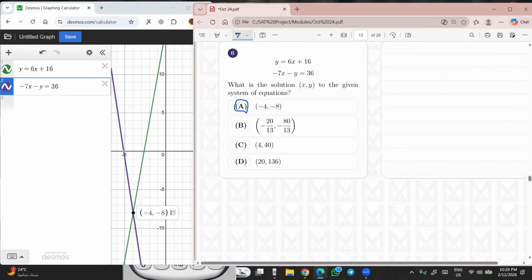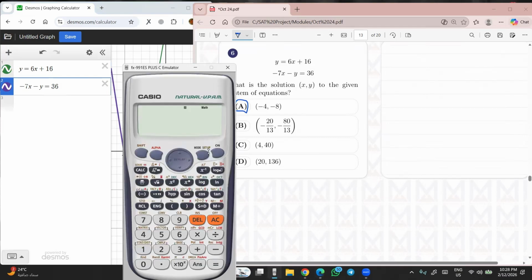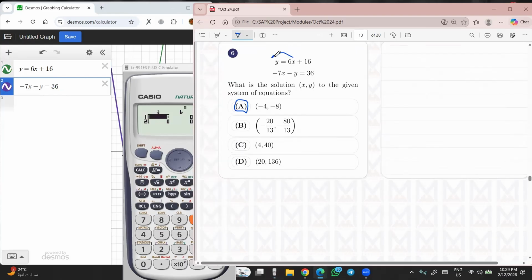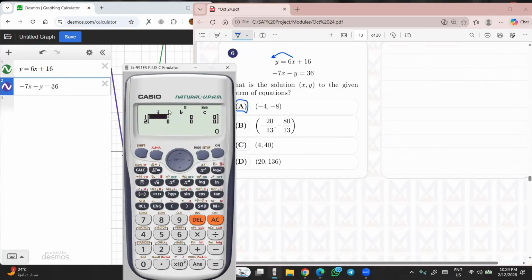You can also use the calculator by using mode 5 1, and write the numbers as A, B, and C. But in this case, you have to move the 6x to the other side and make it negative 6x too, so we can write it in the standard form.